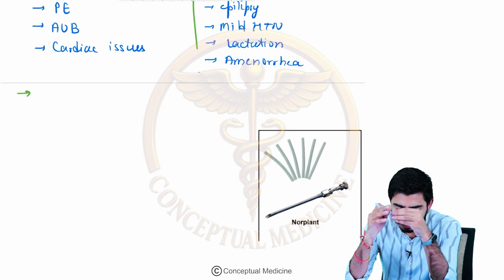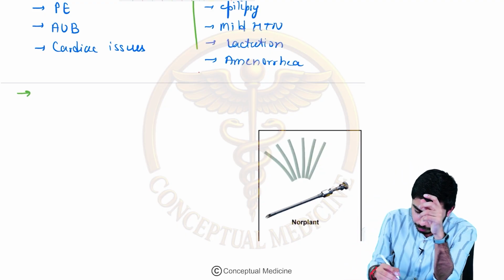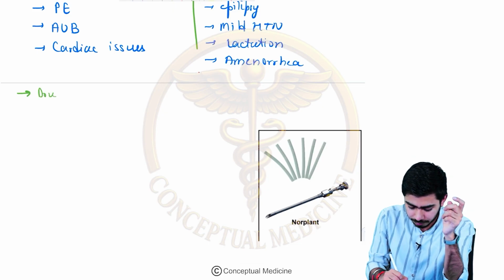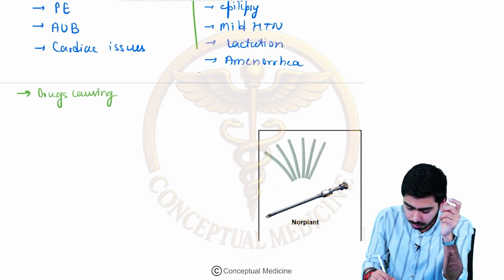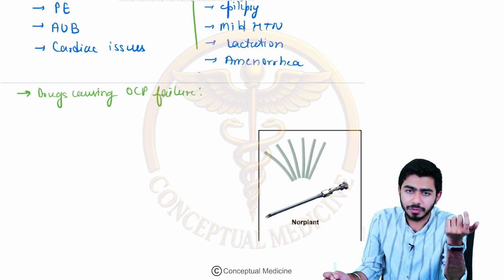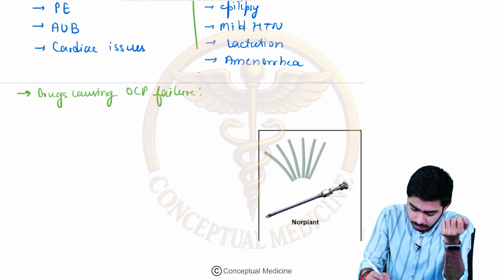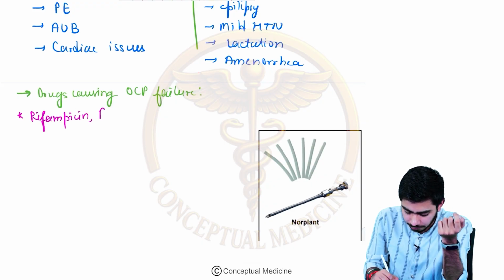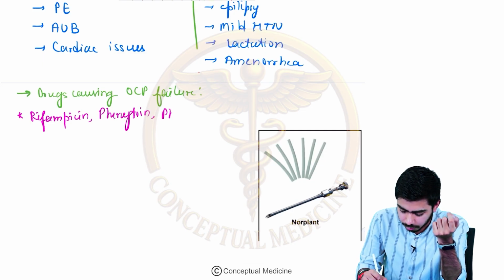So once you are clear with that, now we shall move on to this one. One more point: the drugs which are causing OCP failure, right? Once they have asked you which of the following drugs is causing OCP failure. So here, some drugs, for example, please remember rifampicin or rifampin, phenytoin, right, and phenobarbital, right?